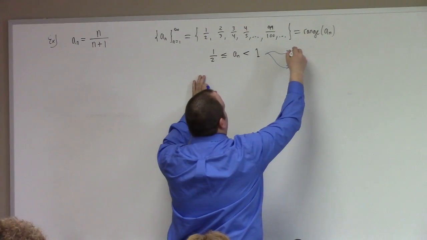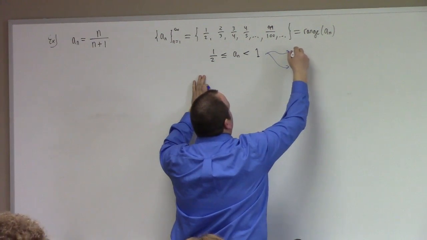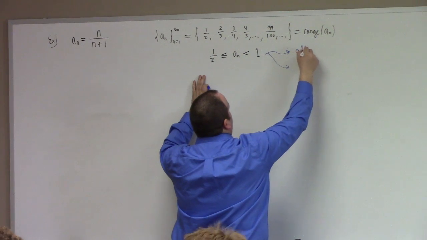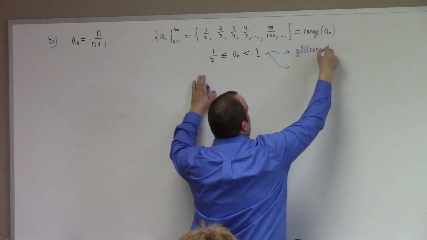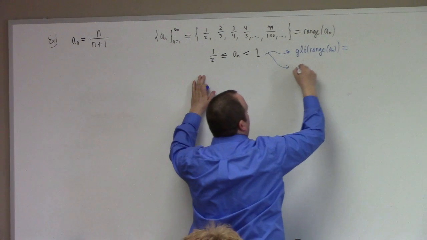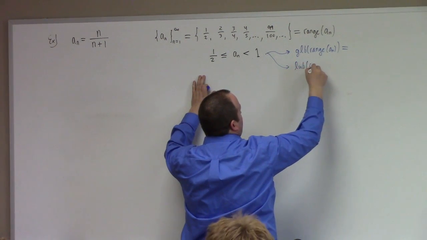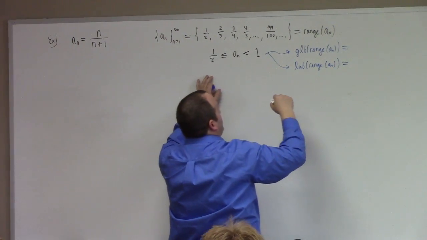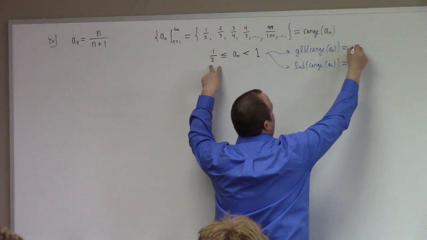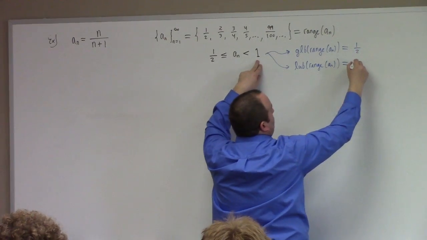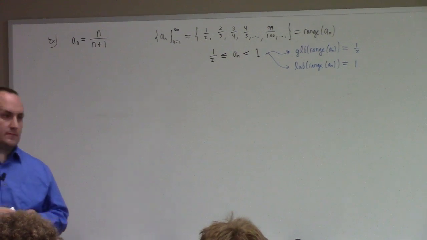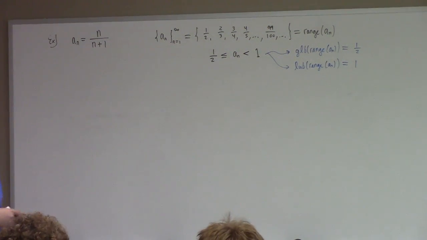I'm being somewhat informal in my argumentation here, and that's okay. It looks to me like the greatest lower bound of the range of a sub n is one half, and the least upper bound is 1. In fact, you could say that the greatest lower bound is the min, since it's actually attained at n equals 1.